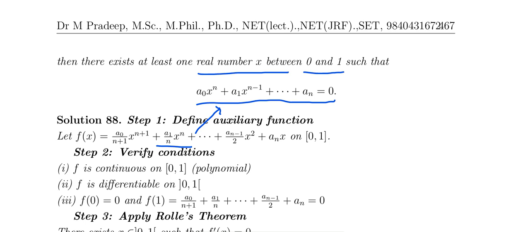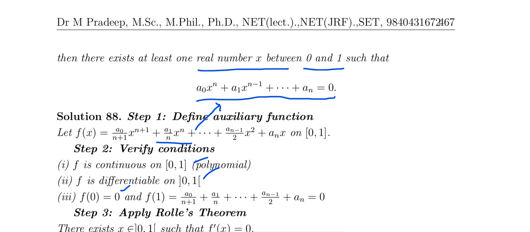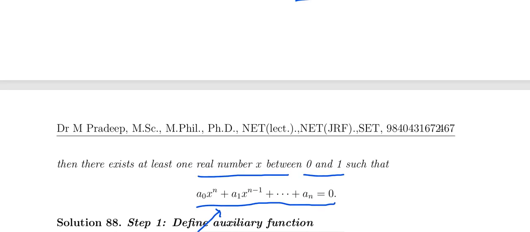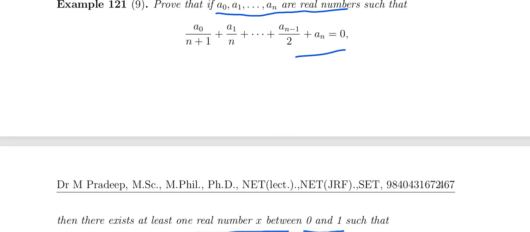So இந்த function பார்த்தீங்கன்னா this is a polynomial function that is on 0, 1 continuous, differentiable and f of 0, what is the f of 0? That is equal to 0, ஏனென்றால் எல்லாத்துலேயும் x இருக்குது. f of 1 என்ன வரும்? f of 1 equal to 0. எப்படி f of 1 equal to 0? That is given.